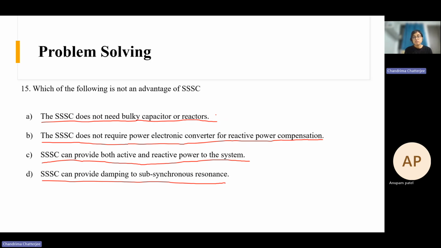This is true. There is no requirement of a bulky capacitor or reactor, unlike TCSC. We discussed TCSC, right? Whose equivalent circuit was something like this. A fixed capacitor, so this is the transmission line, and a variable reactor like this.